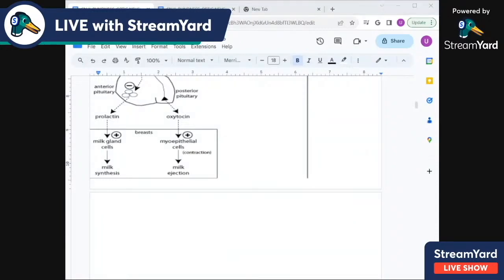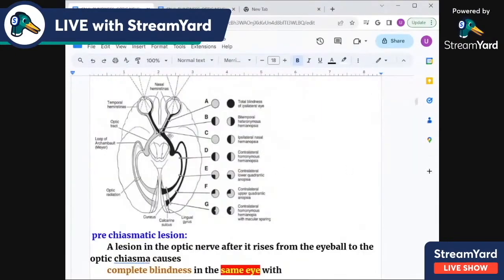Now let's go back to the optic tract. This optic tract starts after the optic chiasma and ends in the lateral geniculate body. The lateral geniculate body is a part of the thalamus, and the fibers here are, in the right optic tract, the temporal fibers representing the nasal visual field, and the nasal fibers of the left eye, which represent the temporal visual field of the left eye.